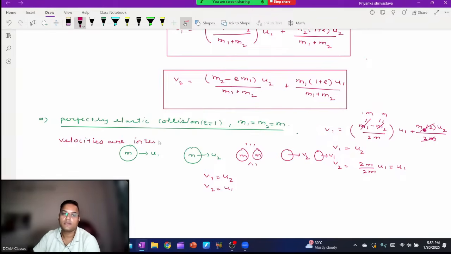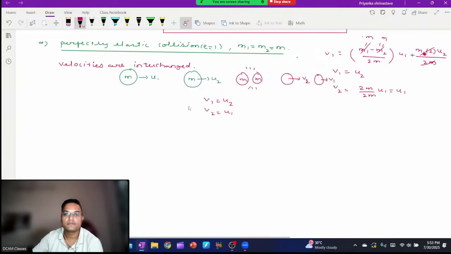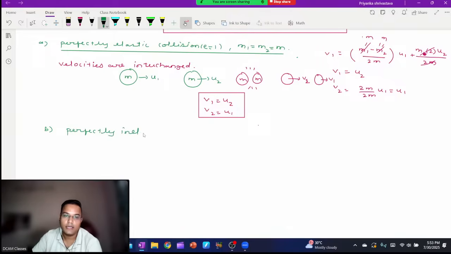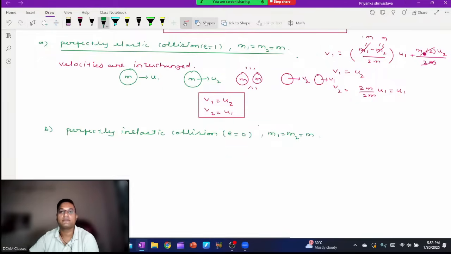Now try to do one more thing. The other thing is the completely inelastic collision. It's also a general case. Perfectly inelastic collision means e is equal to 0 and m1 is equal to m2 is equal to m. Then see here what happens. Use the above formula and get the values.